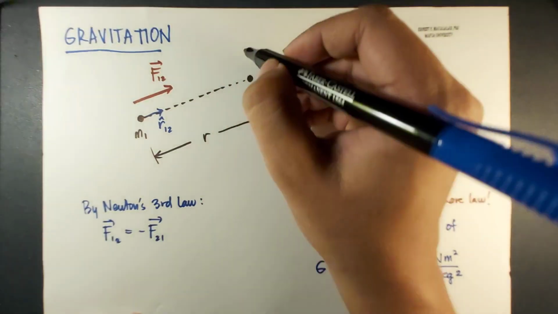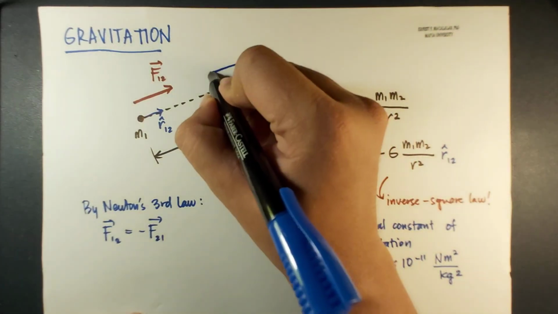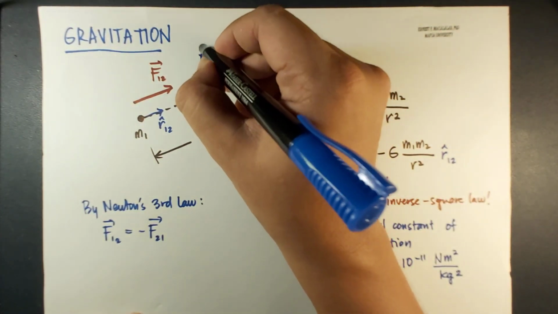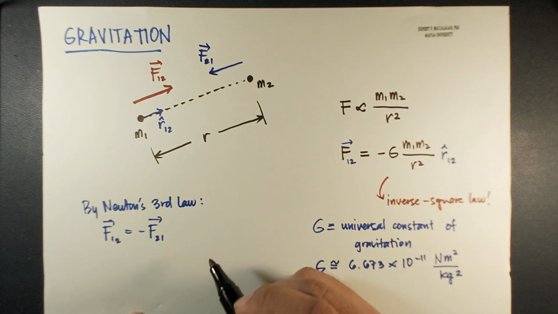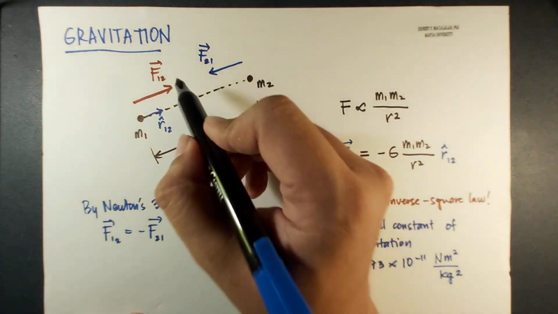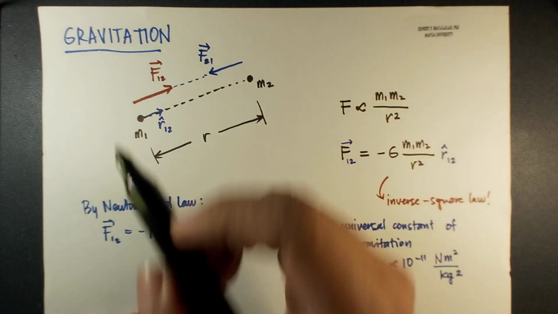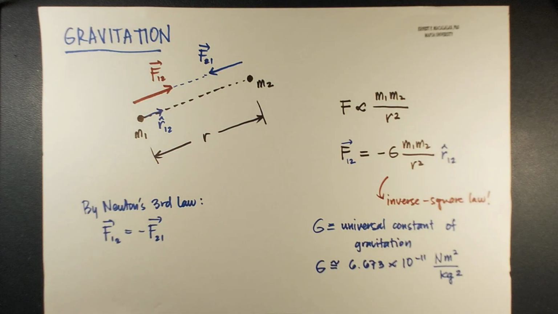So in this case, negative F21 will be this force. As you will notice, these forces, F12 and F21, lie along the same line. That line is the line that connects the two particles that are interacting.